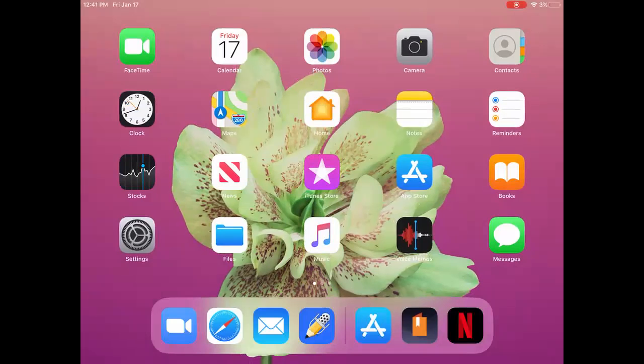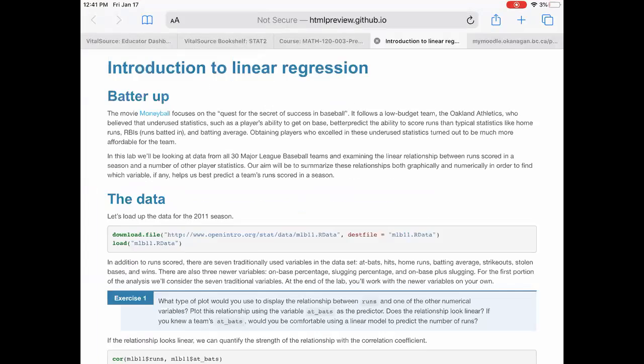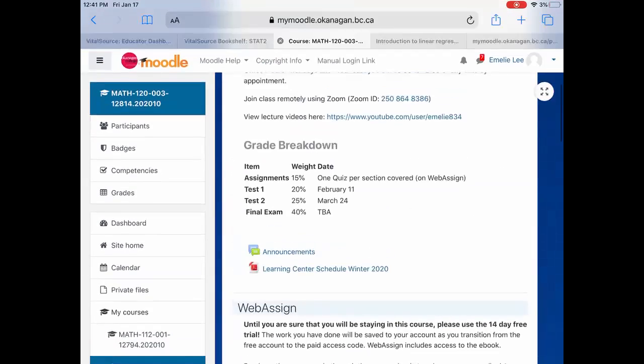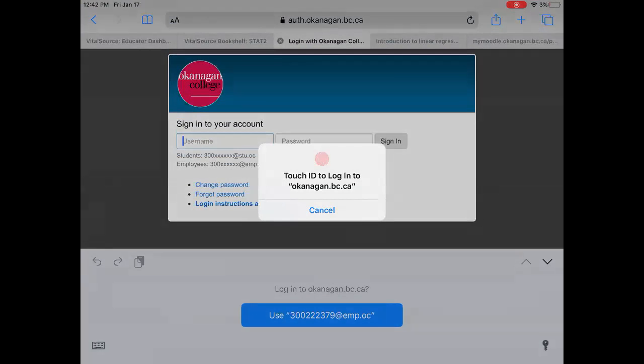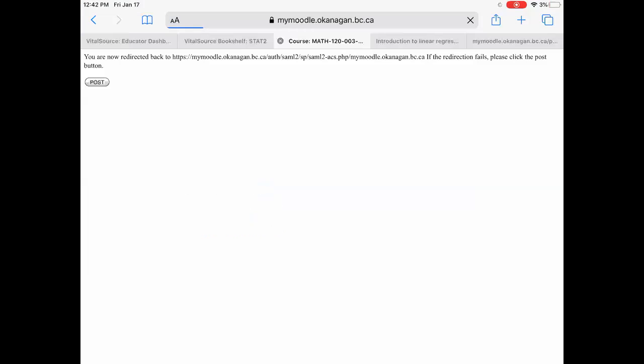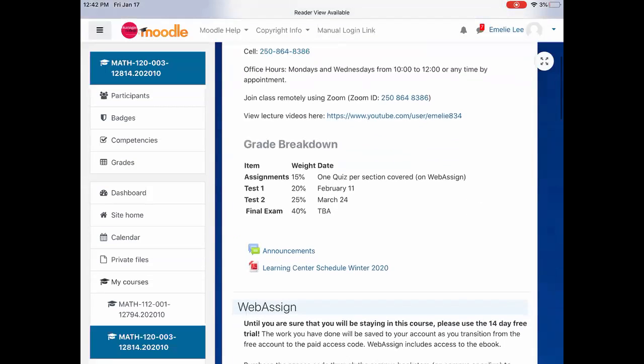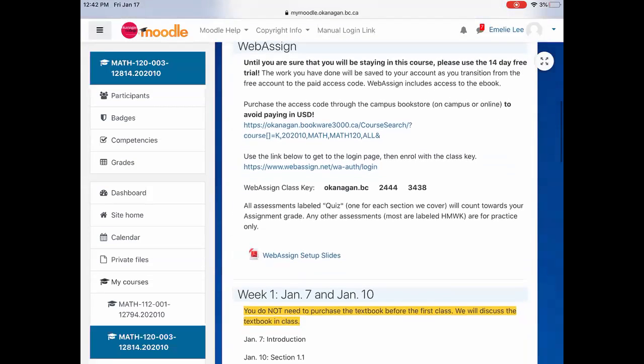No 1.6. Oh, one thing, sorry, while you're still here. One thing I did put on Moodle, tried to explain it there. I explained it in class last day too, but I put a little note here. So all assessments labeled quiz, there's one for each section, right? Those are going to make up your assignment marks. And I see that some of you have already tried up to 1.10, that's awesome.